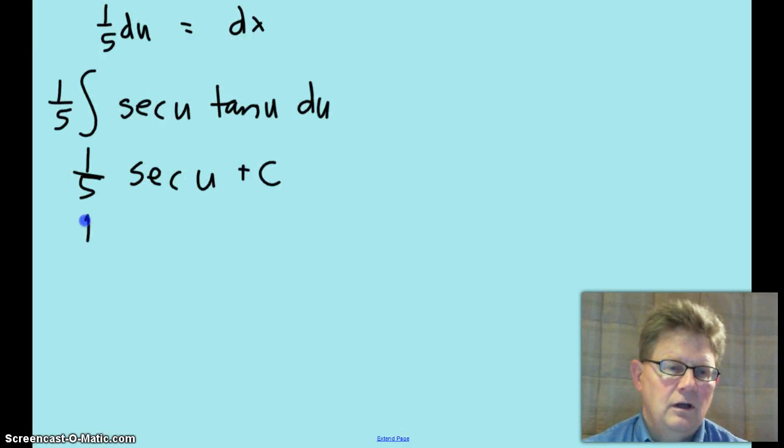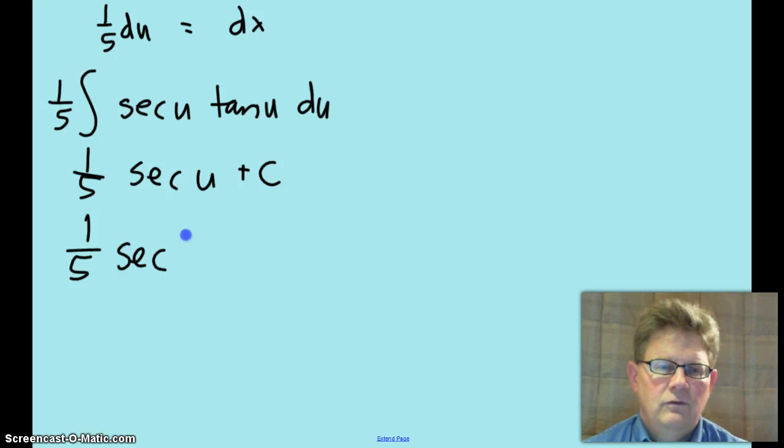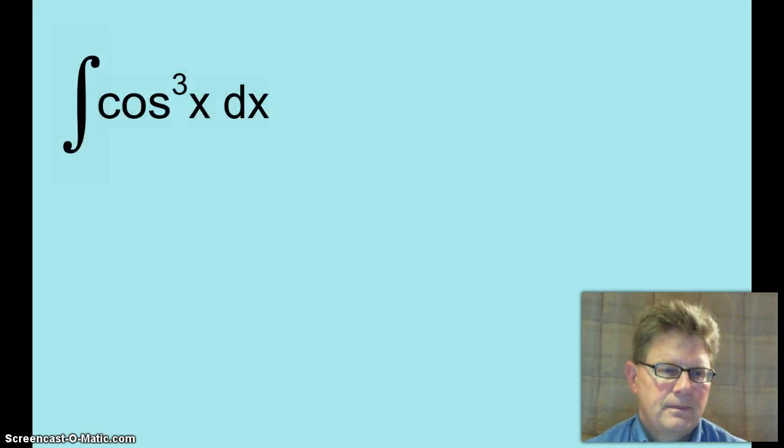Final answer all said and done: 1/5 times the secant of 5x plus 1 plus some arbitrary constant. Yeah, I know I'm making this look really easy.